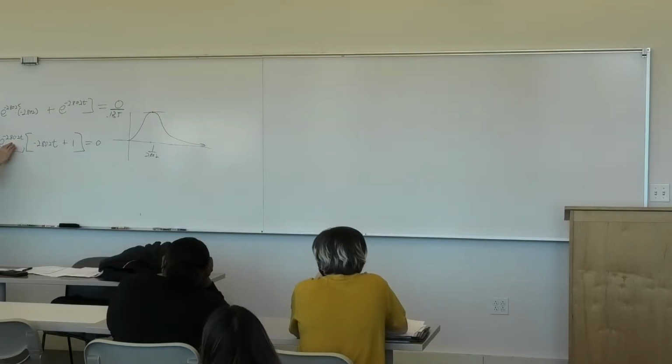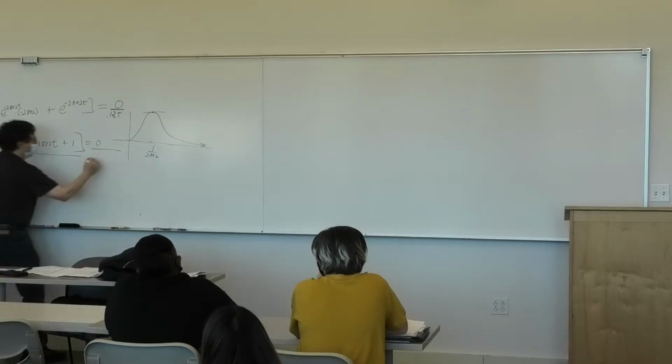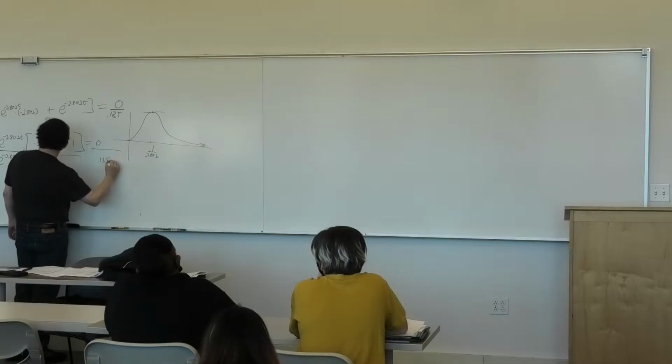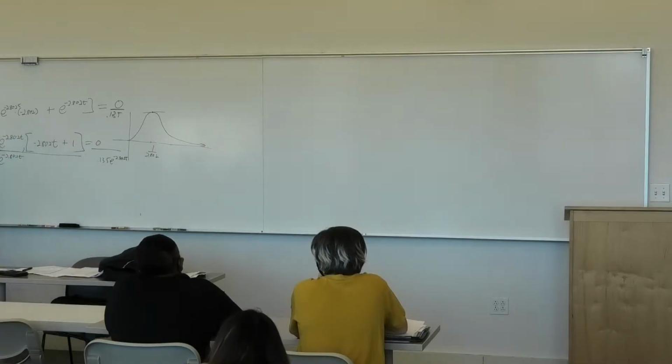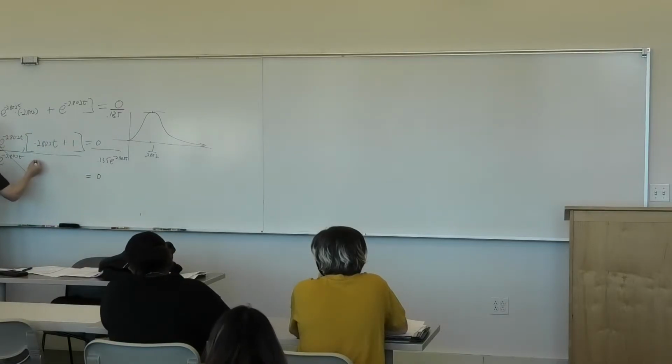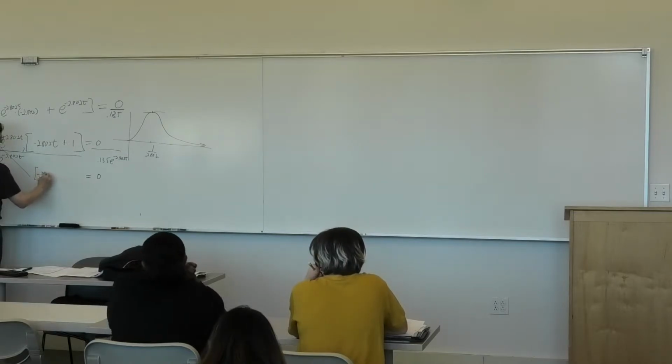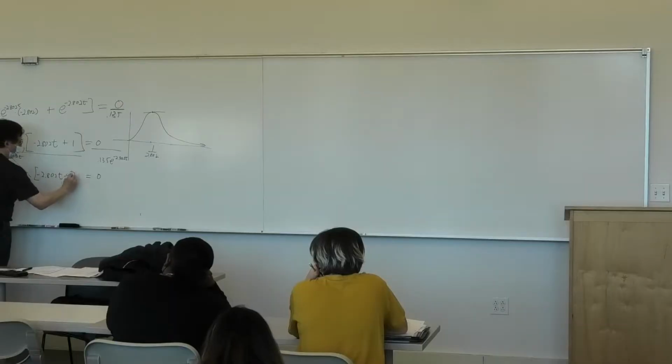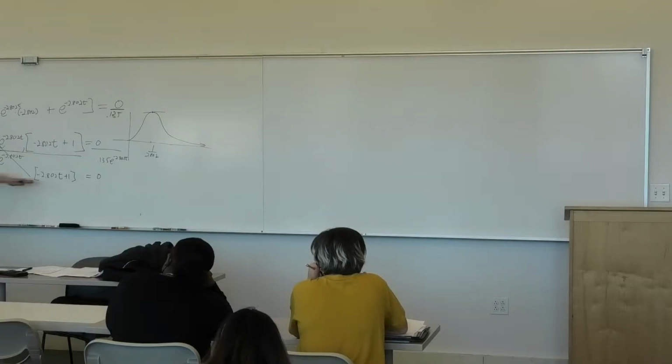This will never be equal to 0. It's a factor, but it'll never be equal to 0. So I can divide both sides of this equation by 0.135 e to the minus 2.802t. This cancels. This is 0. And you end up back where we were, which is negative 2.802t plus 1 equals 0. And then you solve for t.